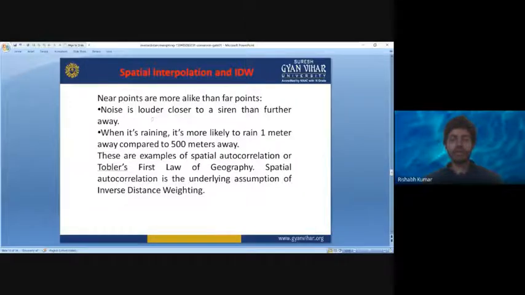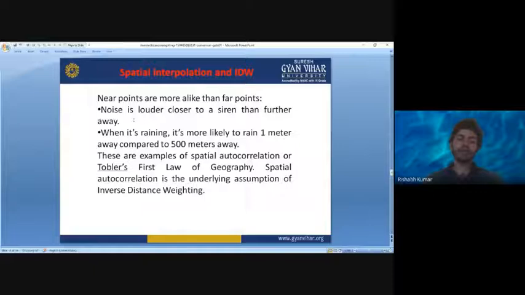So near points are more alike than far points, right? On this premise, IDW works so that the points that are near to your prediction location will have more effect or more influence, right? For example, noise is louder closer to a siren than further away, right? So the influence or the effect of noise will be more when it is closer to a particular observer location, right?